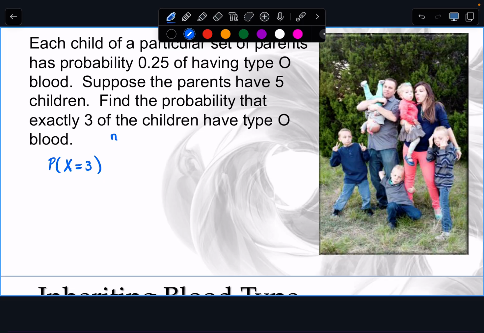So from the previous problem, we knew the number of trials was 5. We knew the probability of success is 0.25. When I go to plug into my formula, the first part, number of trials, choose the number of successes. Next part, probability of success is 25%. I want 3 successes.